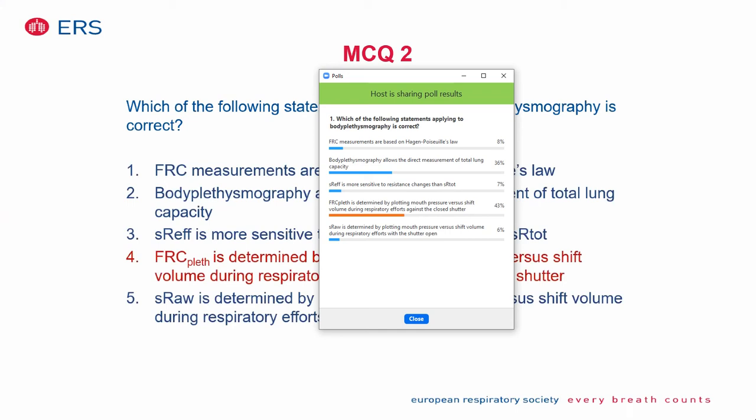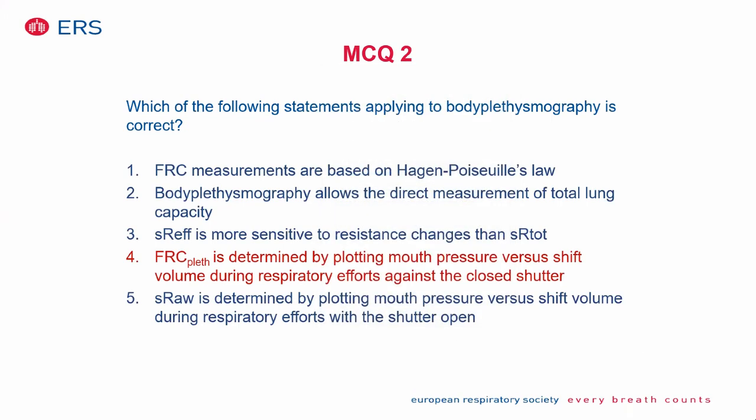This is correct, but not everyone has voted correctly. So I will go very quickly to tell you what the correct answers are. The FRC measurements are based not on Hagen-Poiseuille's law, that's a law of vessels and diameters of the vessels, but on Boyle's law.